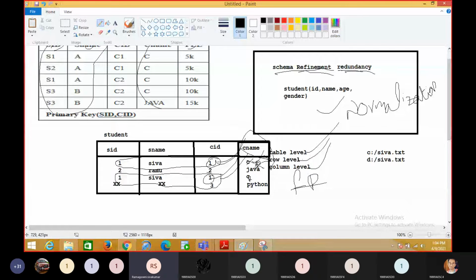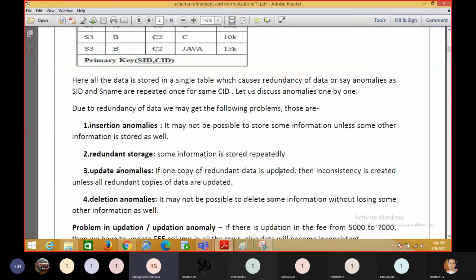If you are unable to update all these values, that is the update anomaly. If one copy of redundant data is updated, then inconsistency is created, unless all redundant copies of data are updated.